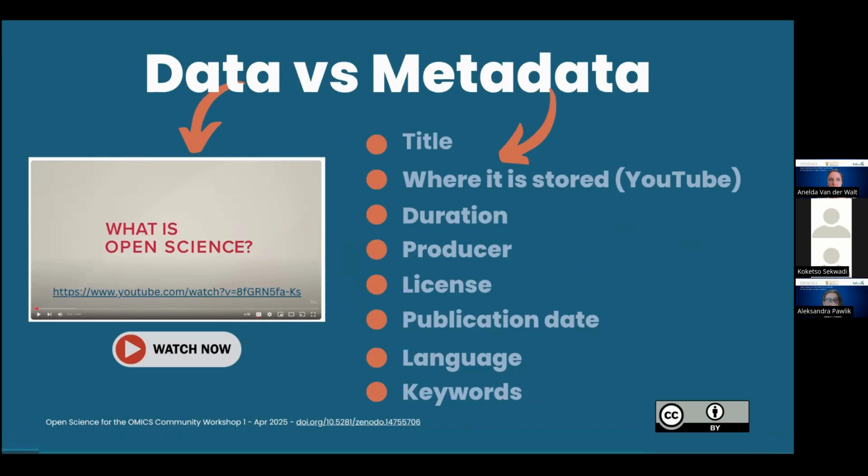And in some cases, you might only share the metadata of your data set. So say, for example, you've generated metagenomics data sets for, I don't know, newborn infants, and that is very, very sensitive data, so you can't share it openly, or it's still under embargo, so it's not shared publicly. The data sets themselves aren't shared.